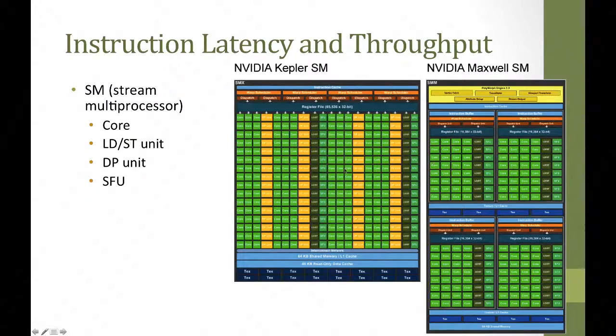And in the Kepler architecture, there are also some double precision units, and you also have some special function units for solving functions like sine and cosine.